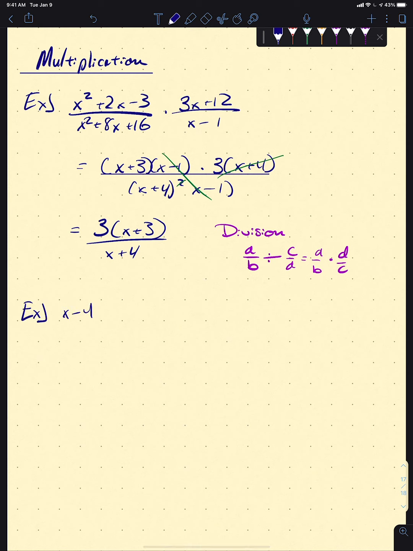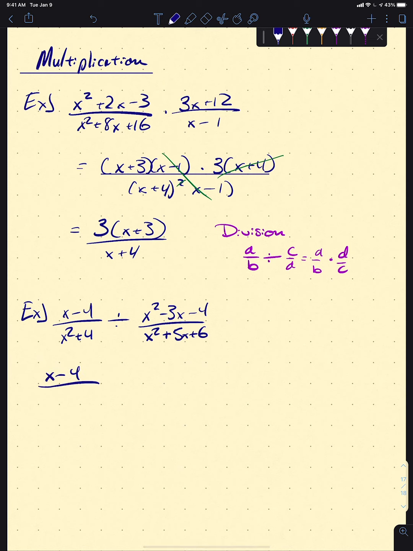So we can do a quick example of that. Let's say we have x minus 4 over x squared plus 4 divided by x squared minus 3x minus 4 over x squared plus 5x plus 6. Well, first thing we need to do is flip this, right?